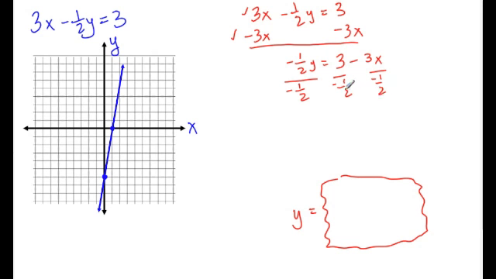Now here's something interesting. We know these check out. If you remember, I already did this one earlier. I already did 3 divided by negative 1/2. It was negative 6.